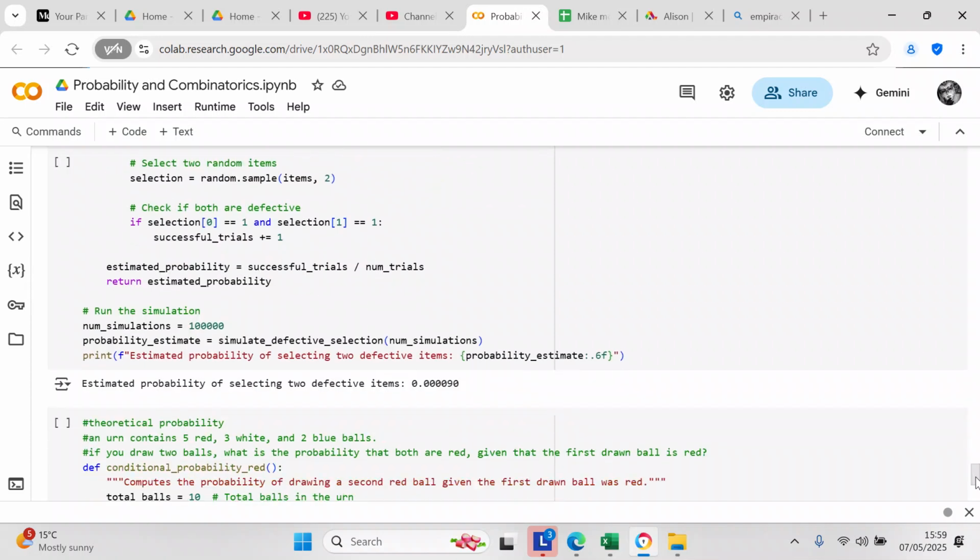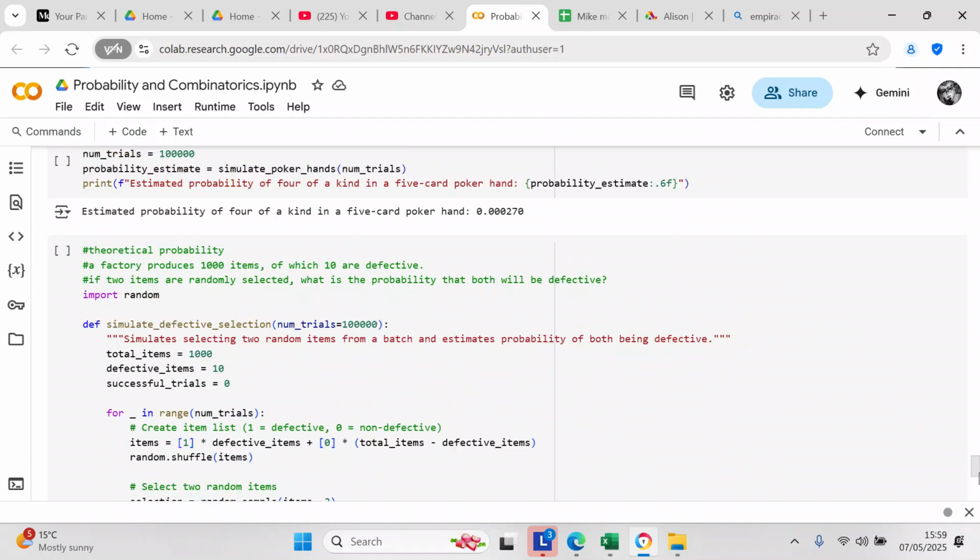So then we run the simulation. So the number of simulations is 100,000. Probability estimate equals simulate_defective_selection(num_simulations). And then we print estimated probability of selecting 2 defective items is, it's really low. It's going to be like 0.009%, something like that. But let me just check.